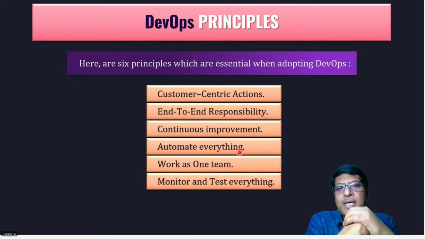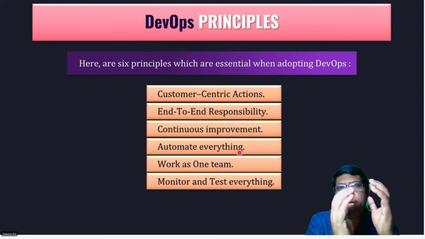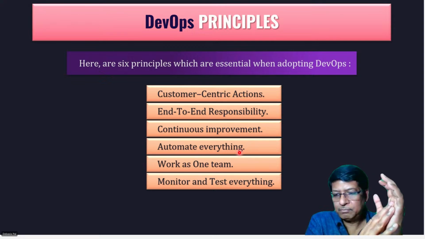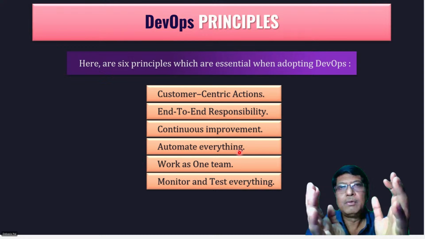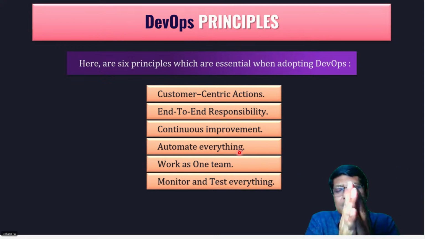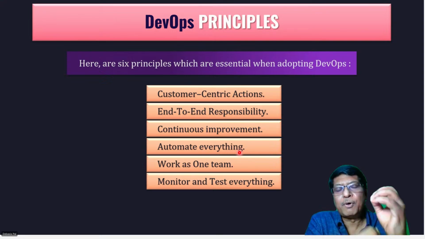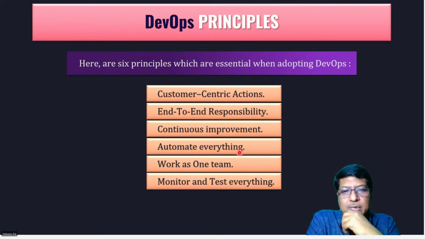A DevOps guy will know a bit of cloud, a bit of Linux, a bit of clustering with Kubernetes, and so many things. He is a jack of all and master of all. Maybe not master of everything, but at least the important things that are needed for automation.